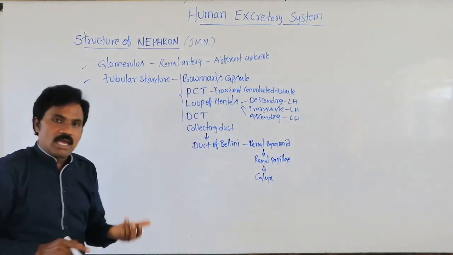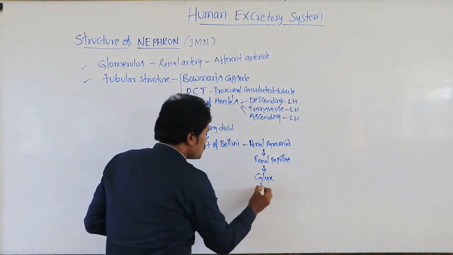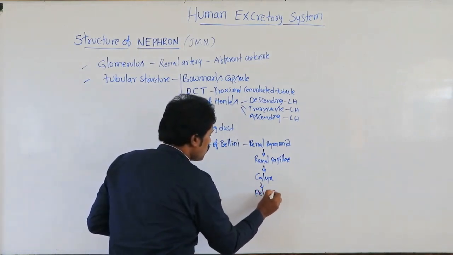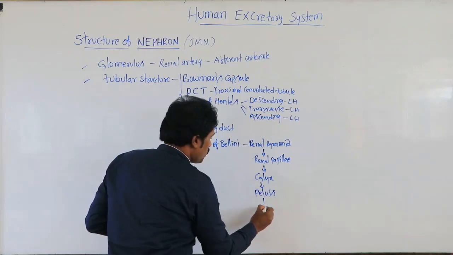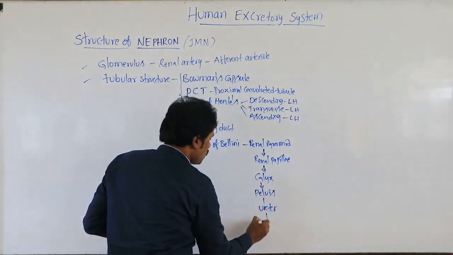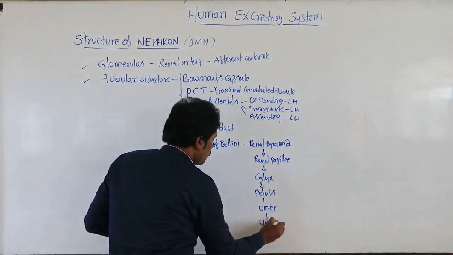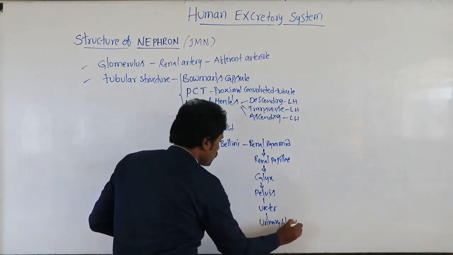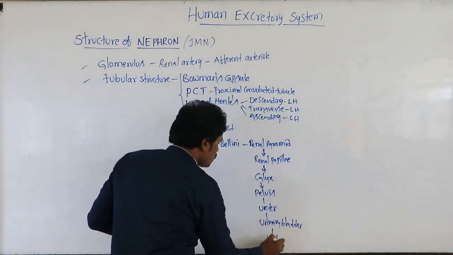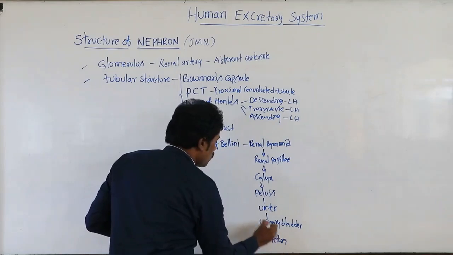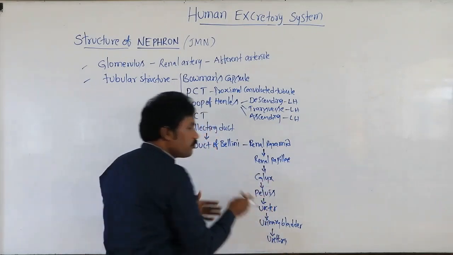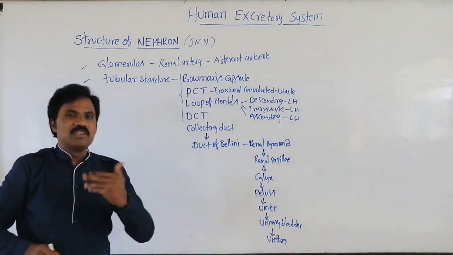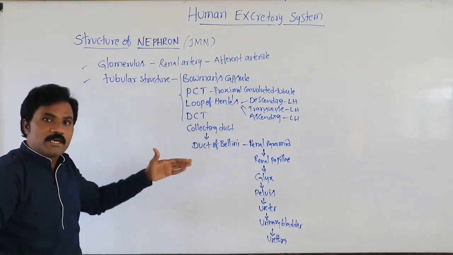Then calyx to the pelvis, then ureter, then urinary bladder, then urethra. The urethra expels urine outside the body surface. So this is the passage.